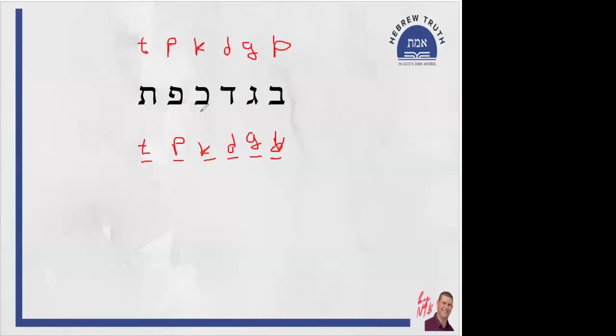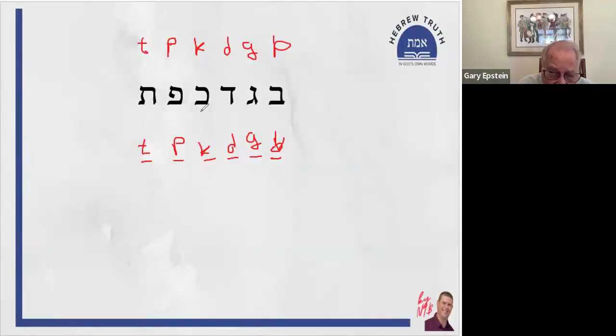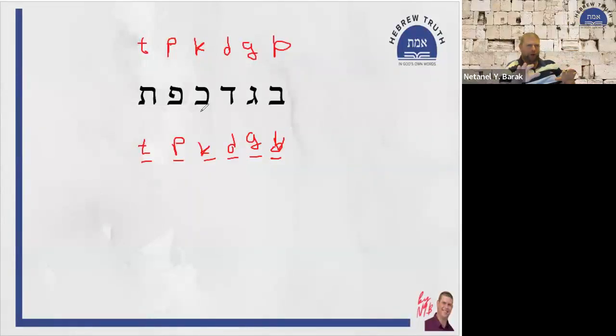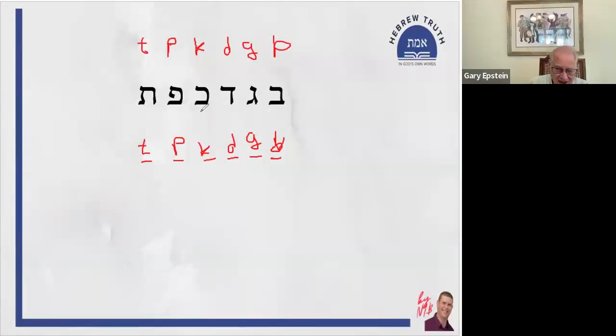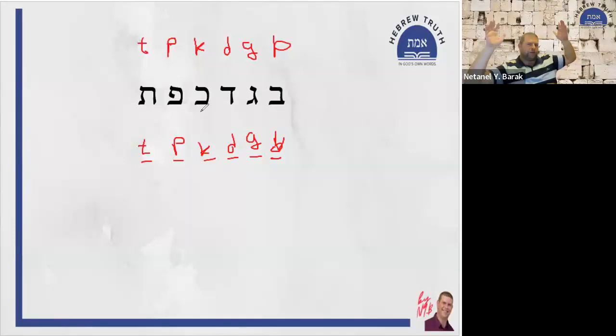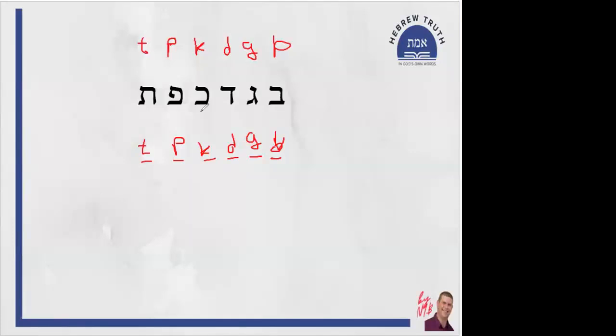Would the soft g be equivalent to a j? That's a different question. I want to focus on understanding the process. Okay. So originally they were plosive. They were all stopping: b, g, d, k, p, t.